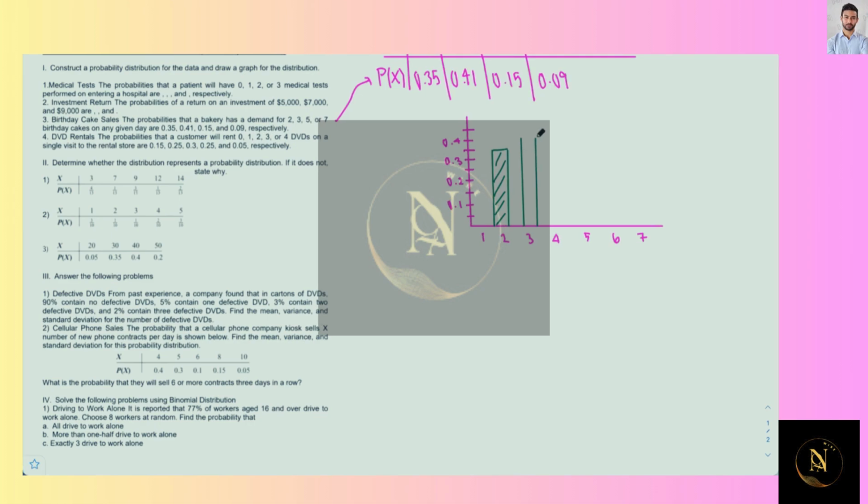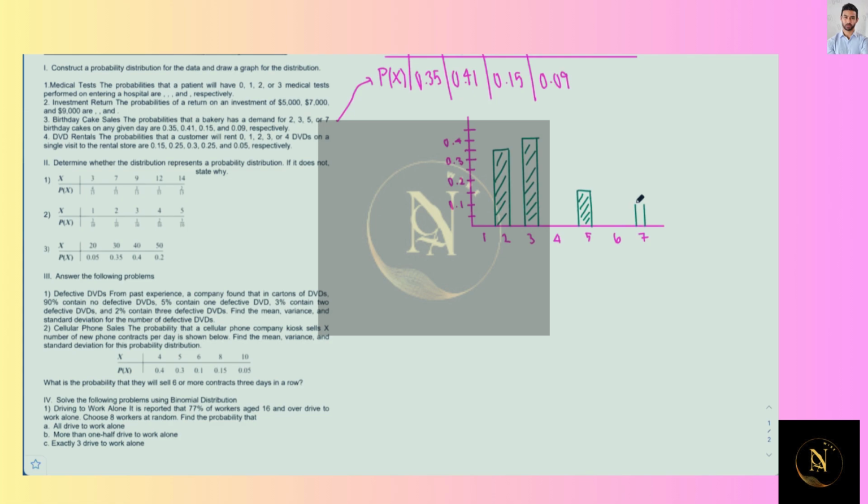For that guy, okay, 4 has 0 probability, 5 is 0.15, so here. 6 has 0 probability and 7 is 0.09, so somewhere around here. So that's our graph of our probability distribution there.